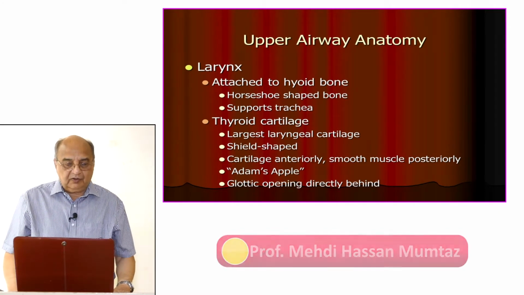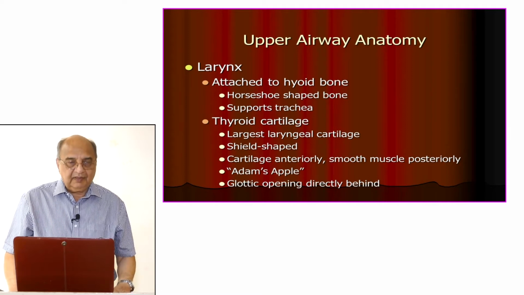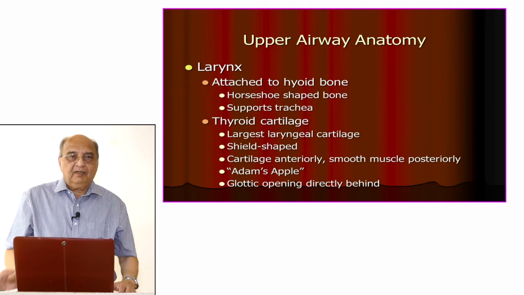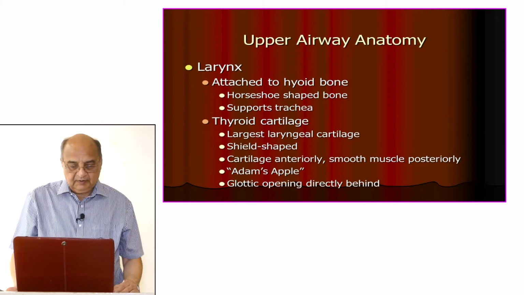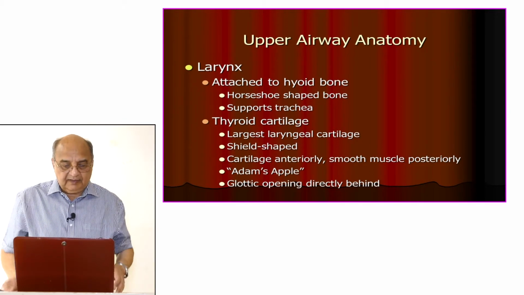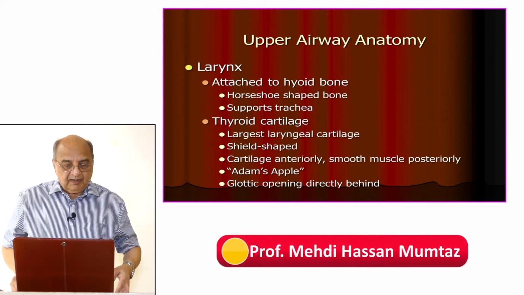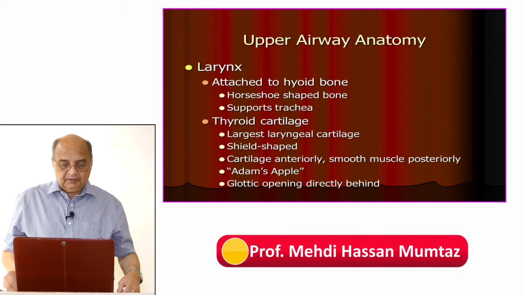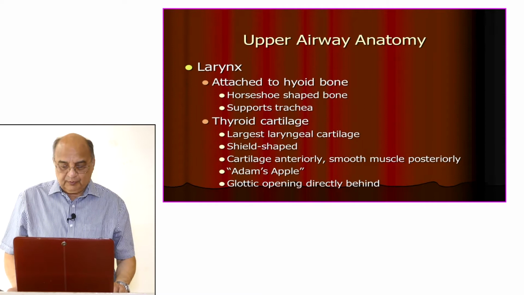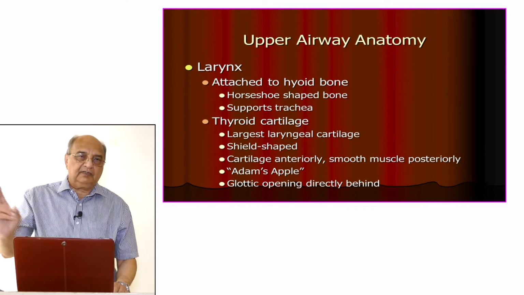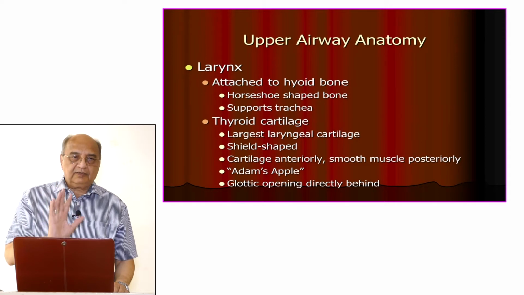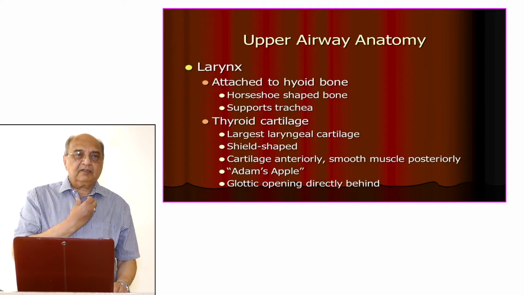And the thyroid cartilage is in front of the upper part of the trachea and on the larynx. It is the largest laryngeal cartilage, shield-shaped anteriorly, and smooth muscle is posteriorly, because it's not a circular cartilage. It's like a soft tissue on the back. Anteriorly it has got cartilage.